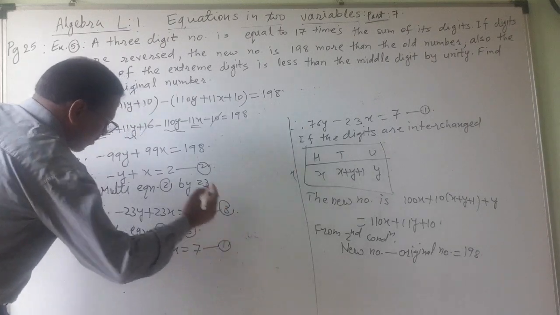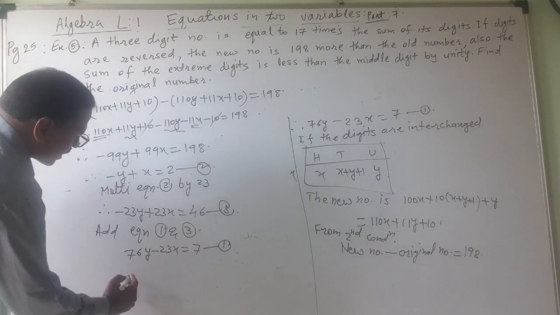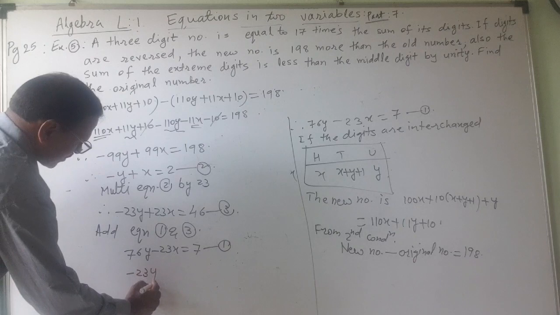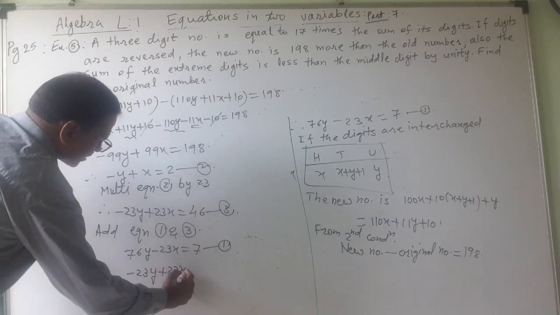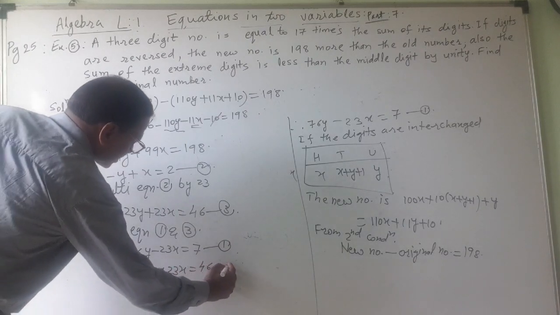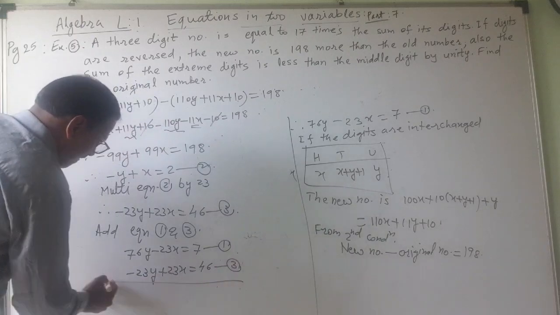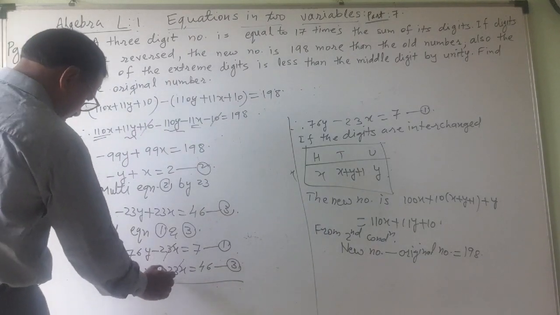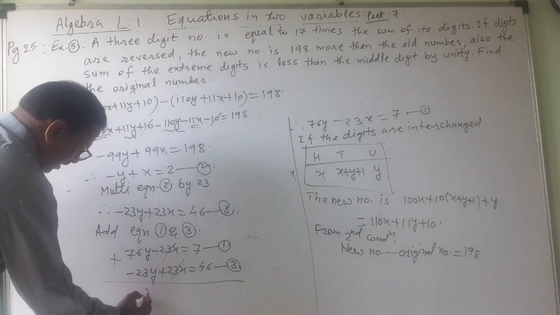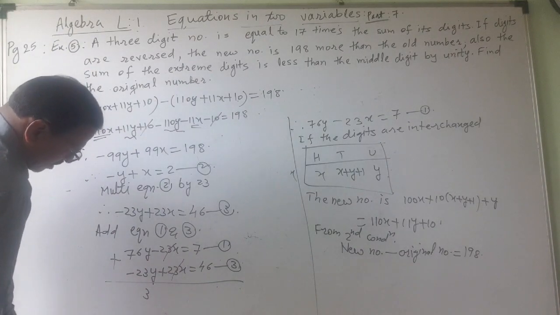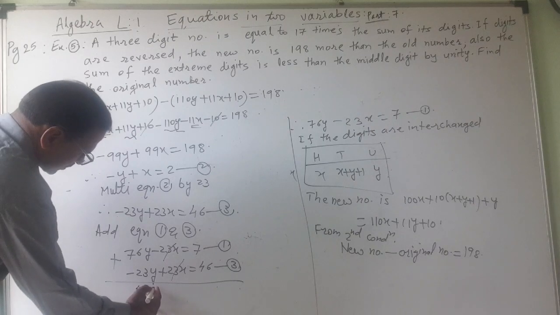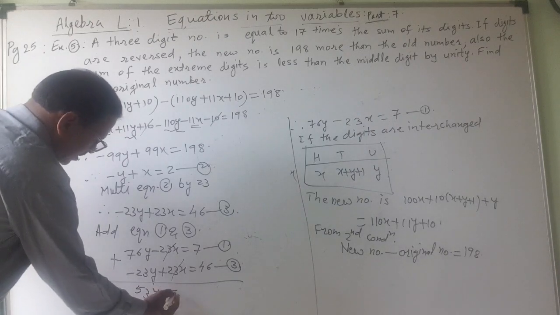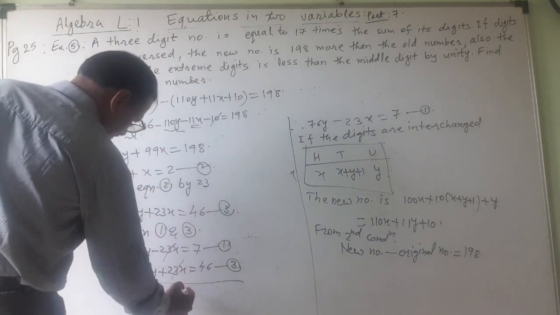This is equation number 1. This is minus 23y plus 23x is equal to 46. This is number 3. And we are adding. So this has got cancelled. 7 plus 46 is 53, and this will be 53y is equal to 53.